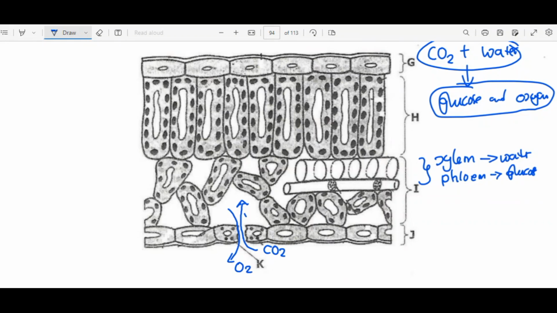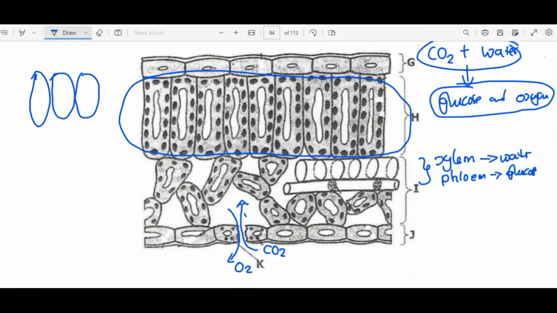Now let's look at structure G. Structure G, as we can see, is the part on top. So this is called the upper layer and has a special name that we are going to look at later. Then if we look at H, we can look at how the cells are arranged. The cells are tightly arranged, so there are no spaces, and the reason is that we don't want the sunlight to pass through.